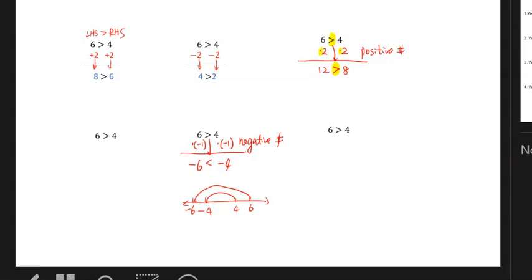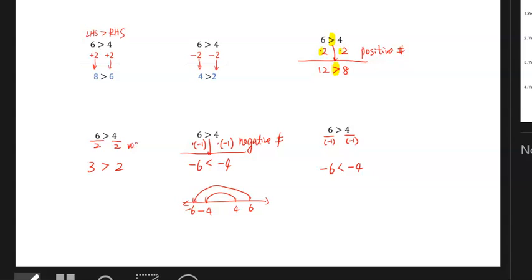Now, the last operation we're going to look at is division. First I'm going to try to divide both sides by 2. We end up with 3 and 2, and again, 3 is still bigger than 2. But if I divide both sides by -1, you can also divide by -2, and it will still be the same result. Notice that -6 is less than -4.